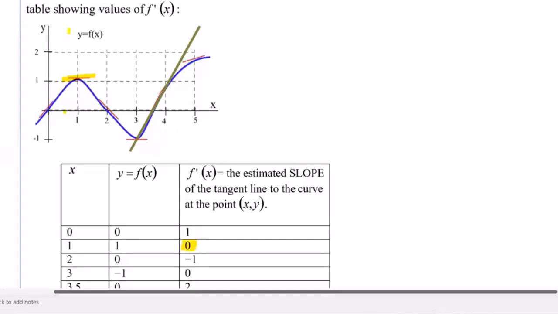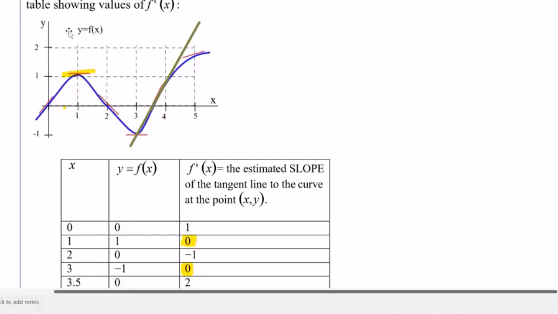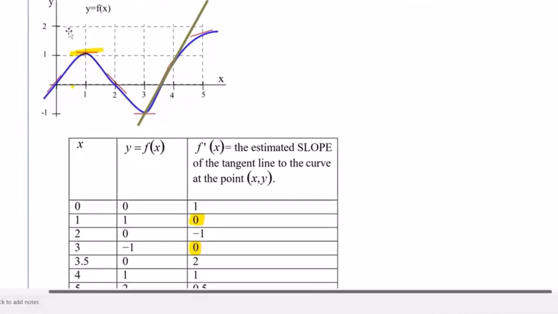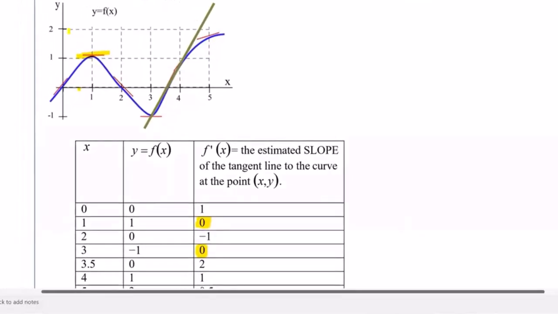So these two are the horizontal tangent lines, because remember we talked about this earlier, when it's at the maximum or at the minimum, we have a zero slope of the tangent line. And then basically this is +1, I just showed you.